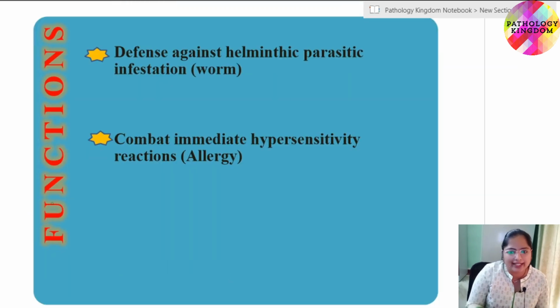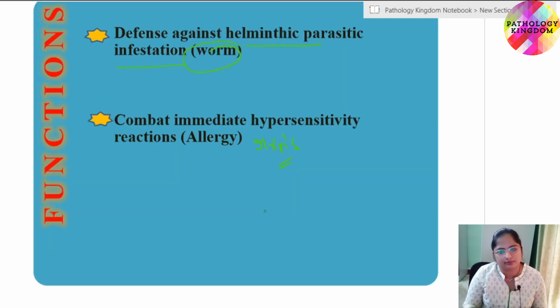Eosinophil will provide defense against parasitic infections, helminthic parasitic infestation, that is worms, and it combats immediate hypersensitivity reaction, that is allergic reactions. So eosinophils play an important role during allergic reaction and parasitic infestation.